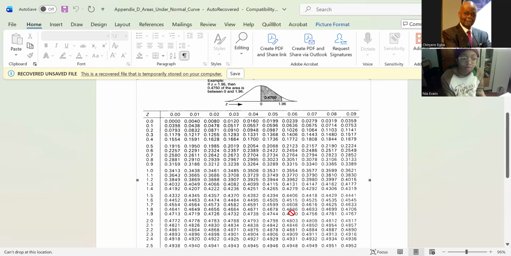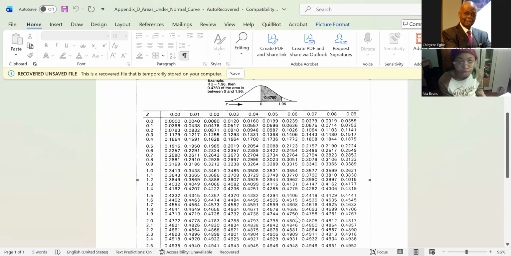Because if you take away 2.5% from 50%, you're going to have 47.5%. Am I correct? You take 0.5 minus 0.025. What do you get? You get 0.475.